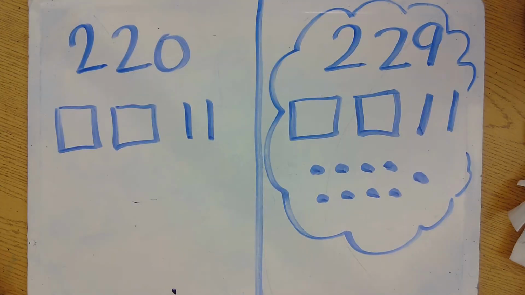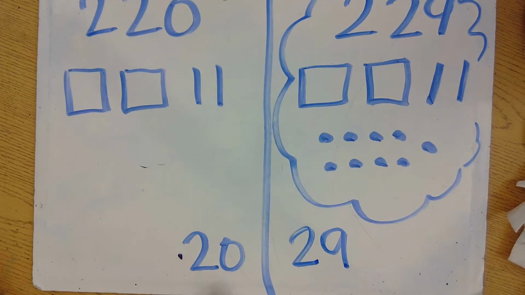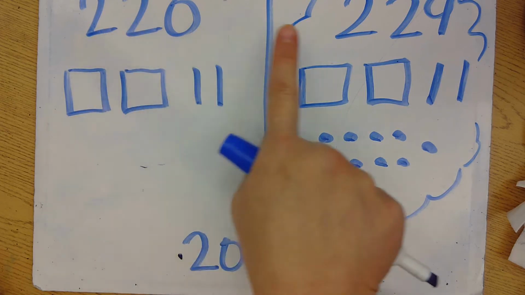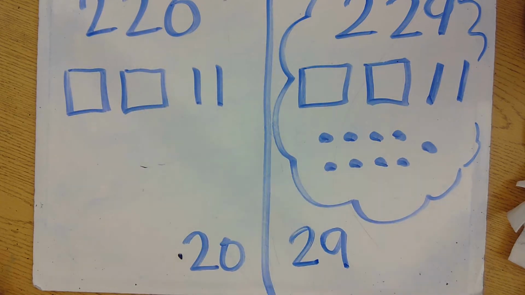I also know that 29 is more than 20, so 229 has to be more than 220. There are 2 hundreds and 2 tens in each number. But there are more ones in 229, so again, 229 is the larger number.